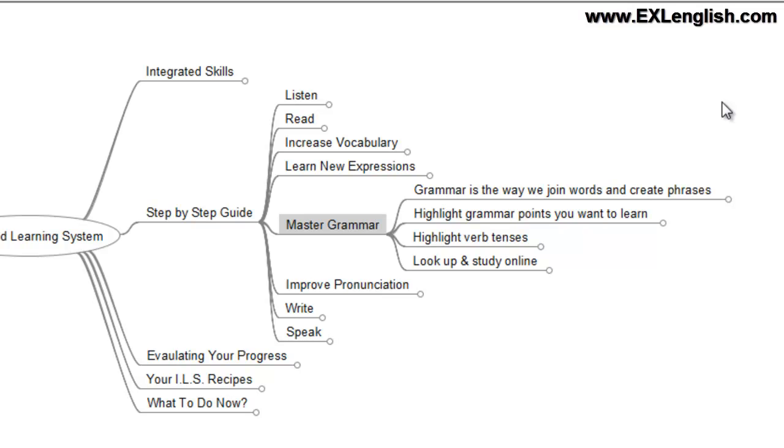Some people don't like to study grammar at all and think it's useless and unnecessary. That's not true. Grammar is simply the way we join the words and create phrases. So if you want to know how to join words in English and you want to know how to form sentences, then you need to understand the grammar.